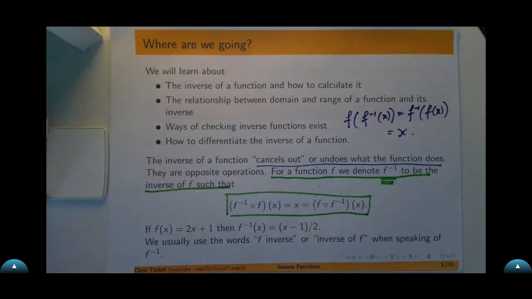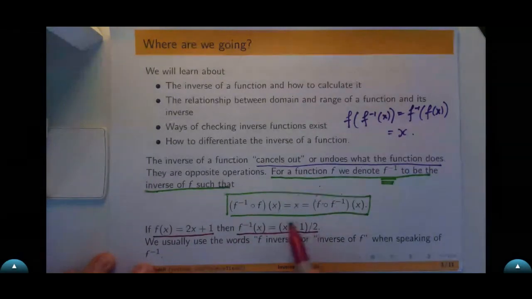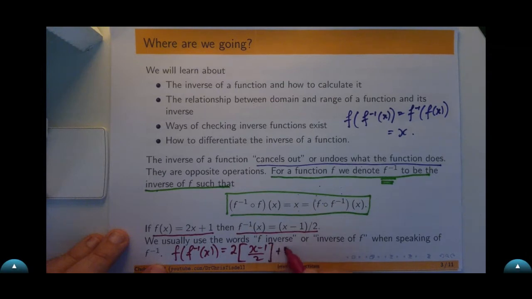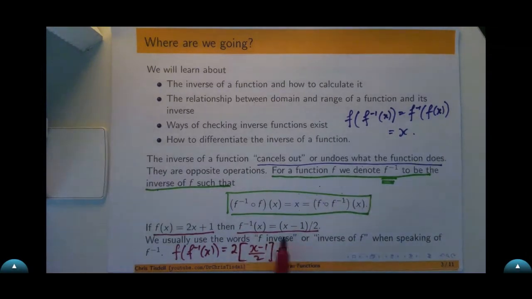Yeah, here's a really simple example. Suppose this is a function of x, and we're told that this is actually the inverse. So let's check that to make sure it's correct. If we do this, we want to put this in for x over here and see what happens. Now we simplify this. The 2's will cancel.